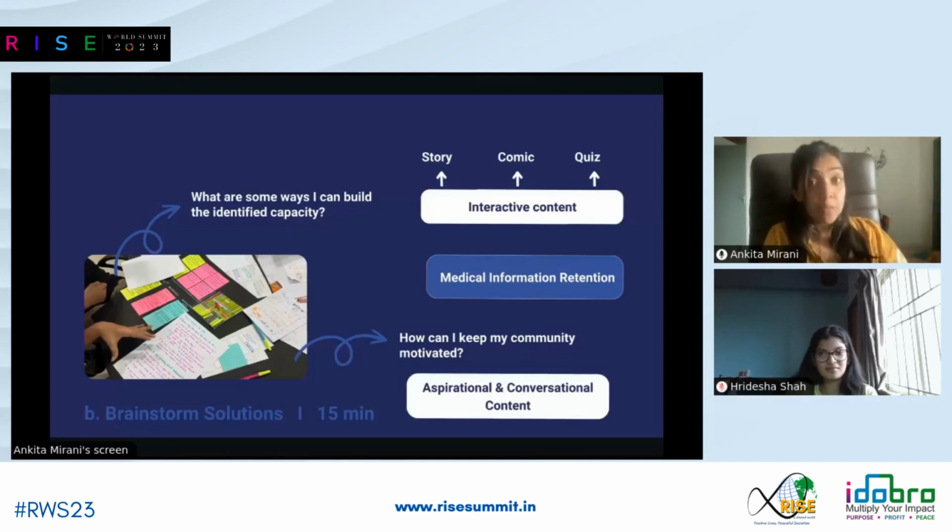Second, and again, equally important lens is, how can I keep my community motivated throughout? Now, the reason this is very, very important is because you're looking at creating sustainable impact, right? And even if you take a step back and look at your personal life, what is one habit you were able to retain without motivation? Very little, right?